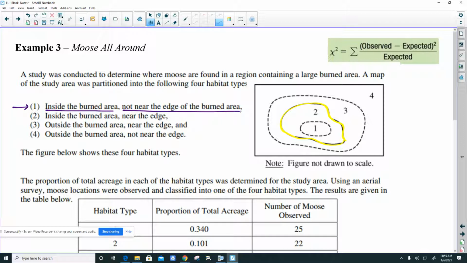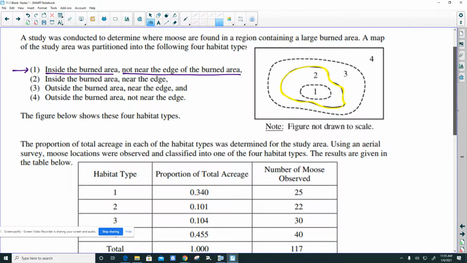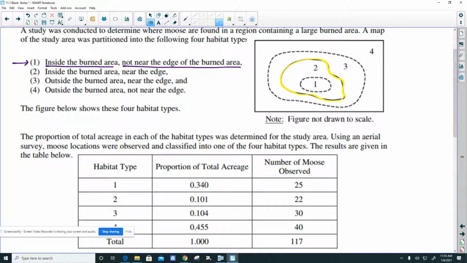It's kind of in the center there. The section labeled 2 is still also inside the burned area, but it is now near the edge. 3 is outside the burned area near the edge, and number 4 is outside the burned area, not near the edge.